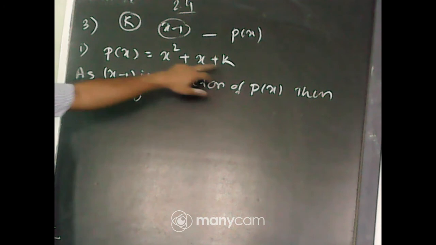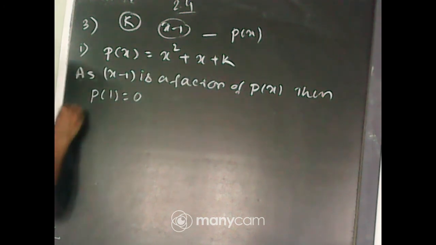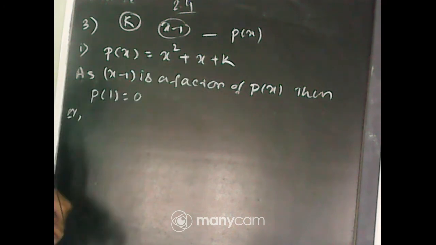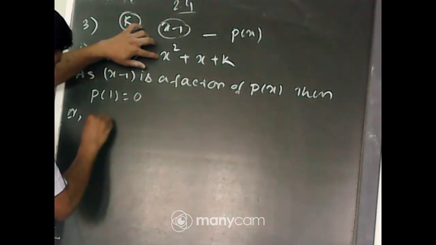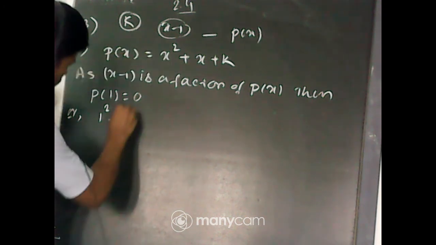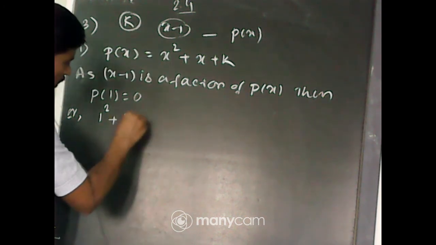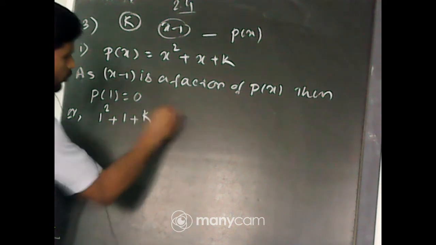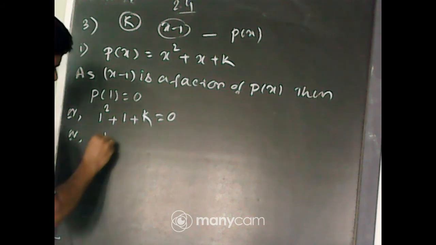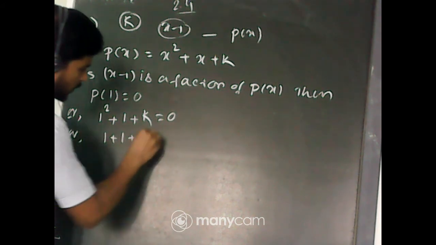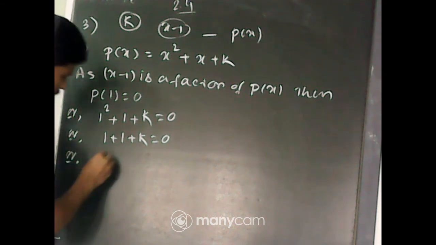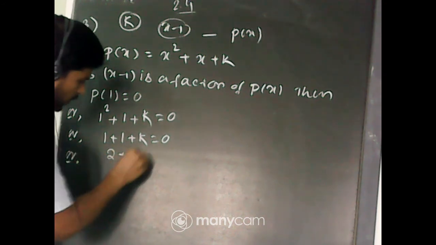So p of x is given, find p of 1. In place of x we have to put 1. So p of 1 means 1 square plus 1 plus k, which is equal to 0. 1 square means 1, plus 1 plus k is equal to 0, which implies 2 plus k is equal to 0.